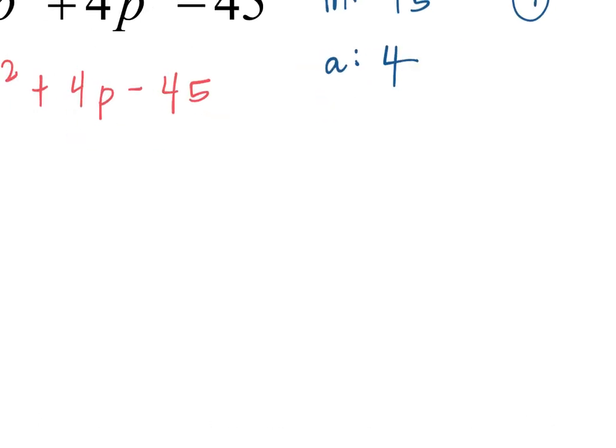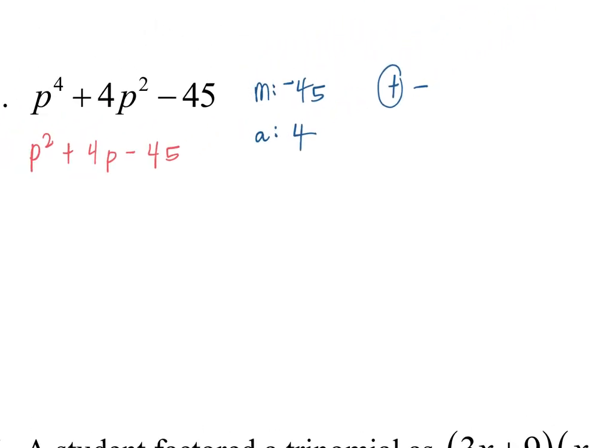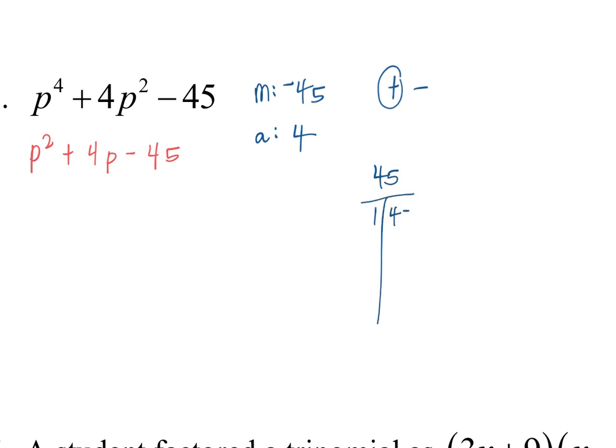The factors of 45, okay, and that's it. Your larger number will be positive, meaning the smaller will be negative. So negative 5 and a positive 9.